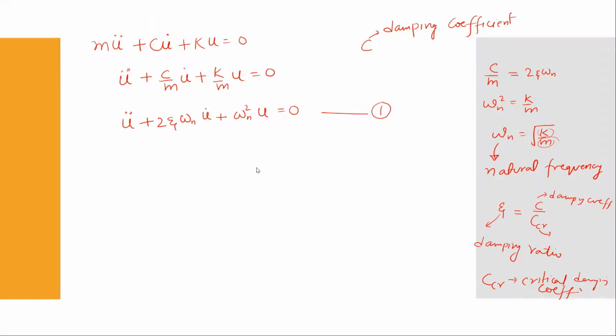Now to solve this, we can see it is a d square u by dt square, meaning a second order differential equation, so we can solve this second order differential equation.